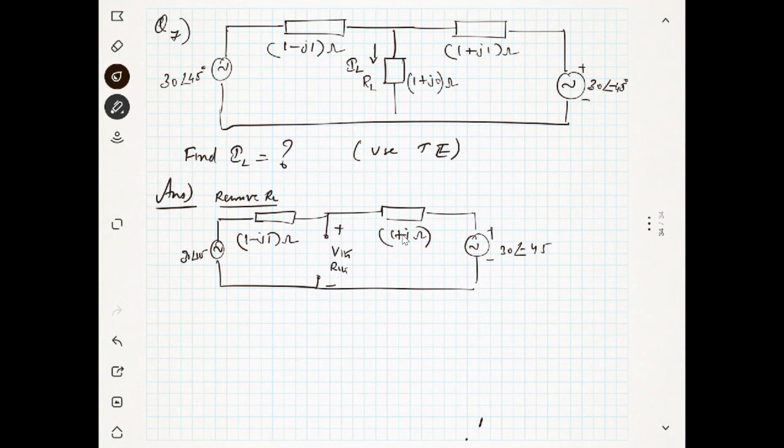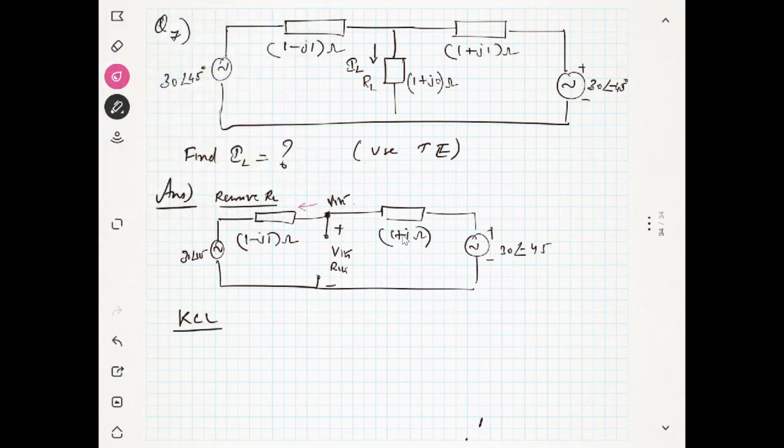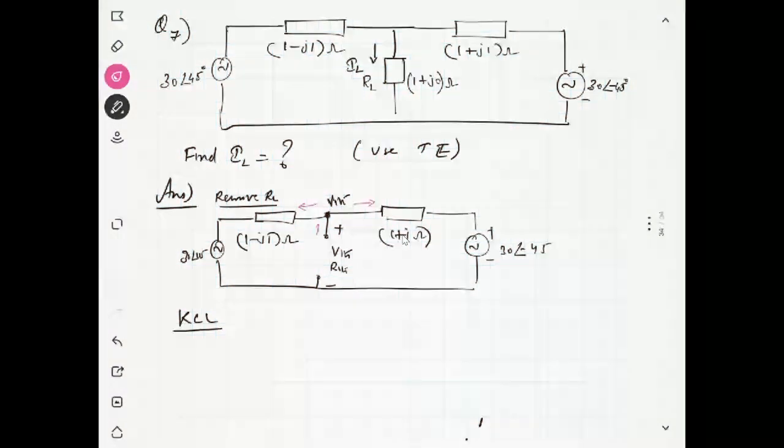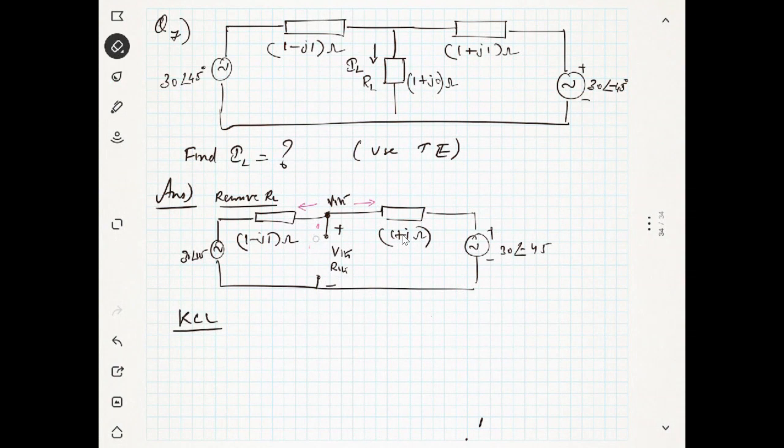Yes. This is my Vthevenin. Now how to find Vthevenin here? You just apply KCL, nodal analysis. Assume all the currents are leaving the junction. Here there is no current, it is 0 ampere, because the load has been removed, so you don't need to consider this.